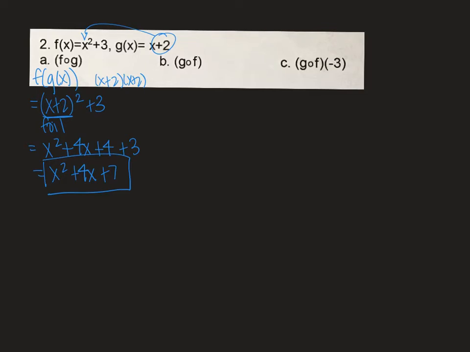So in part B, we're doing the same thing, but we're doing g of f of x. So we're going to reverse that, and we're going to take f of x and plug it in for x in g of x. So x squared plus 3 plus 2 is going to give us x squared plus 5.